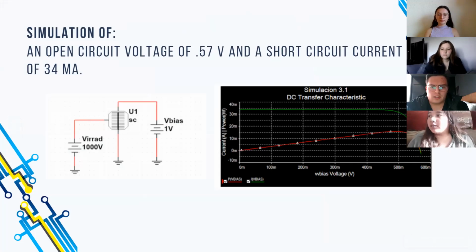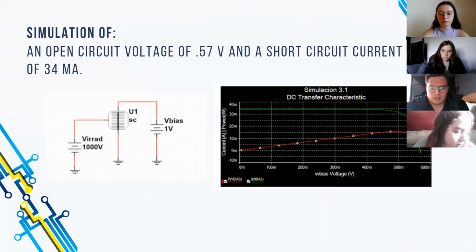This results in the 1,000-volt power source voltage, which simulates 1,000 watts over square meter. This is also connected to a 1-volt power source that represents the load.